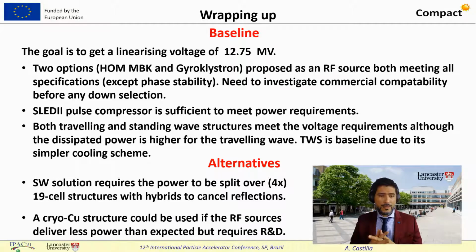And we still keep a look into cryogenic operation of copper cavities in case either our RF sources fail to provide the desired level of power, or pulse compressor schemes fail to do so.